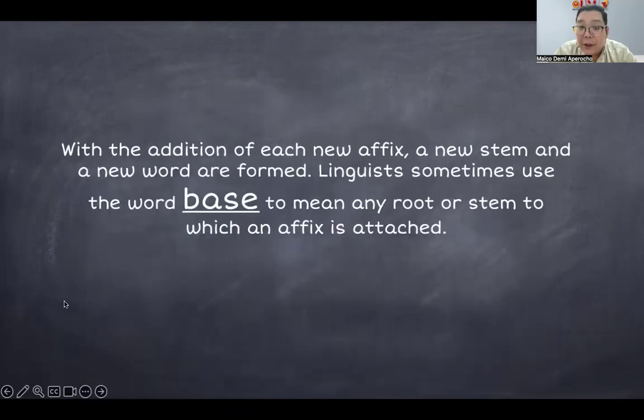Now, with the addition of each new affix, a new stem and a new word are formed. Linguists sometimes use the word base to mean any root or stem to which an affix is attached. So either it's a root or a stem, for as long as you can still attach affixes to it, it can be considered a base.